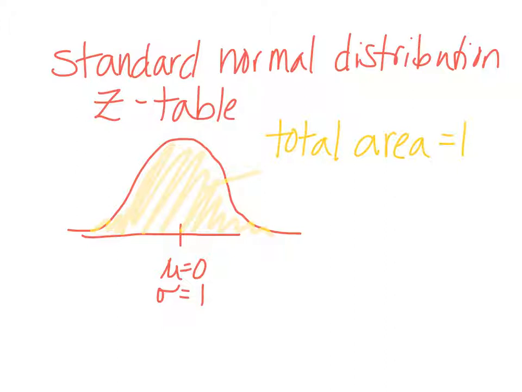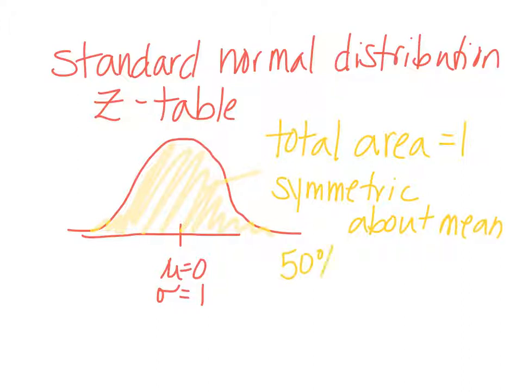We know that it is symmetric about the mean. And so what this helps us to understand is that we have 50% of our data to the left of our mean and 50% of our data to the right of the mean. So let's go ahead and talk about how our table is going to help us with this.